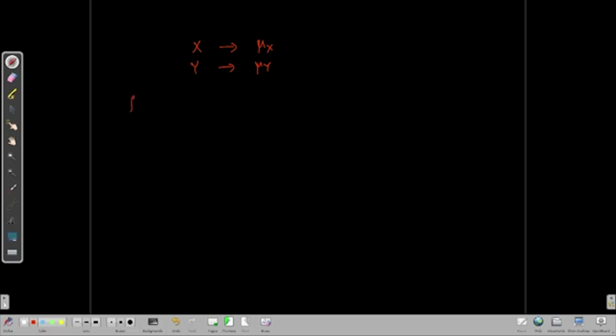Now we are given a function f, which is (x minus mu x)(y minus mu y). All right. This is a function of x and y. So what is the expected value?